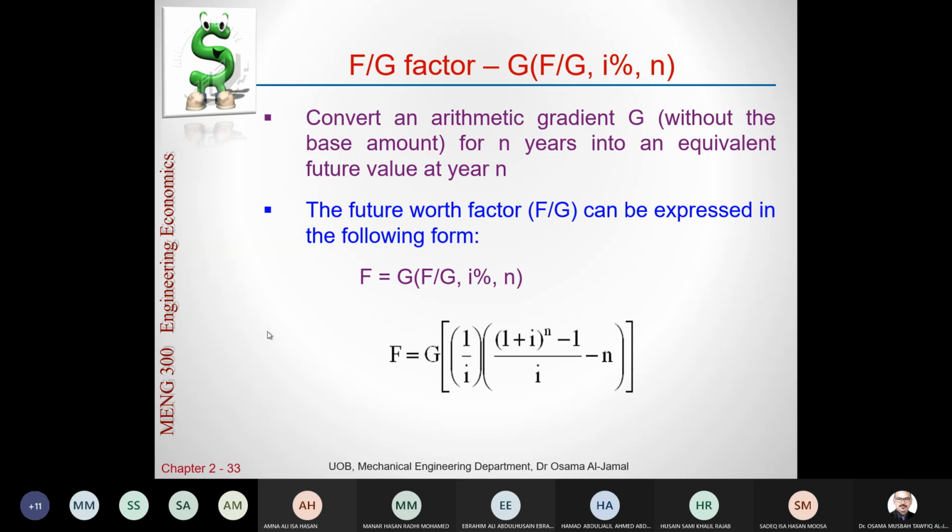Sometimes this is not given, especially in a closed book assessment, test, or exam. It doesn't matter.